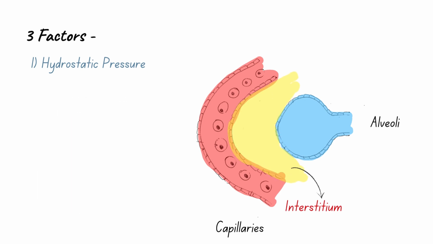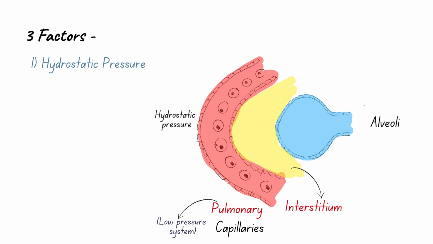In the interstitial space, it's the same thing as the blood pressure in the pulmonary capillaries. And because the pulmonary circulation is a low-pressure system, the hydrostatic pressure is pretty low. But it's still higher than the hydrostatic pressure exerted by the interstitial fluid of the lungs, which is almost zero.